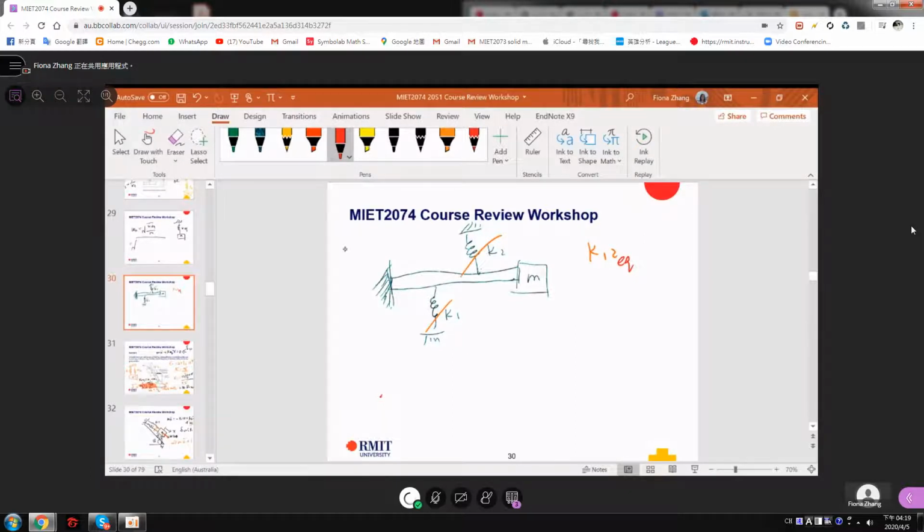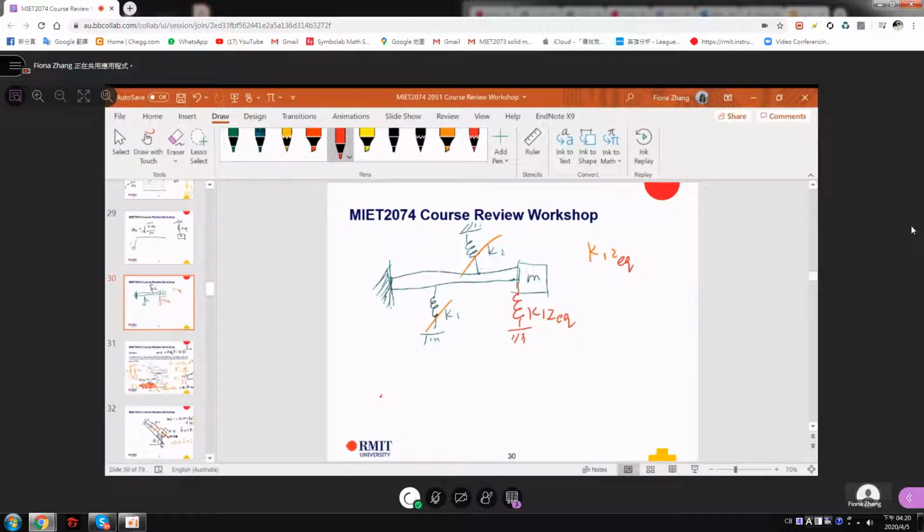No matter what the position is, we can draw it upper, it doesn't matter. So here we have K1 2 equivalent. This is a little bit different. You have a K1 2 equivalent to replace K1 and K2. Then the beam itself is a spring.